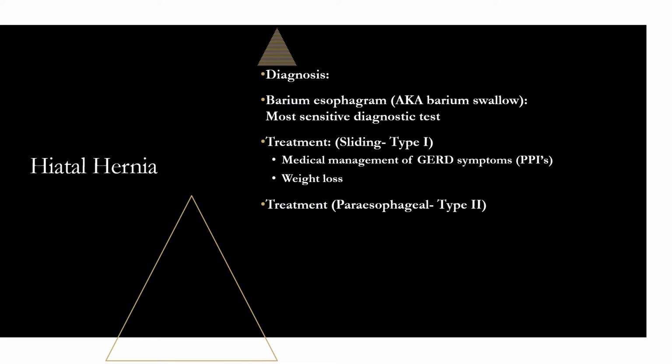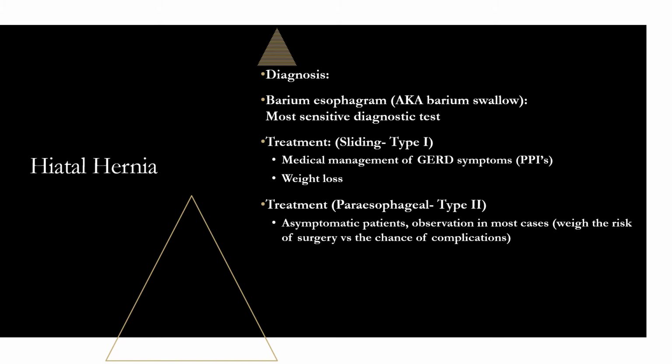Now, type 2 or paraesophageal, remember you do have some of the complications with these patients, so you do need to consider that. If they're asymptomatic, most of the time you'll just observe, but it is a little bit controversial because if they do wind up having a gastric volvulus obstruction, it can be pretty severe in these patients, and a lot of times they can have a lot of severe problems from this.